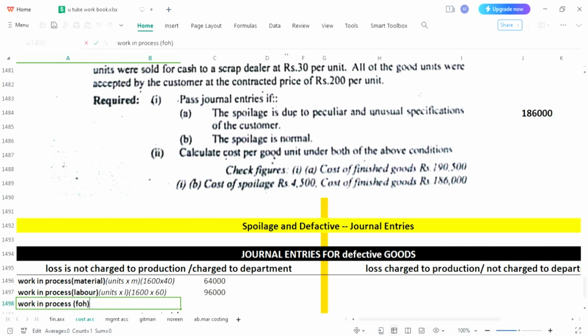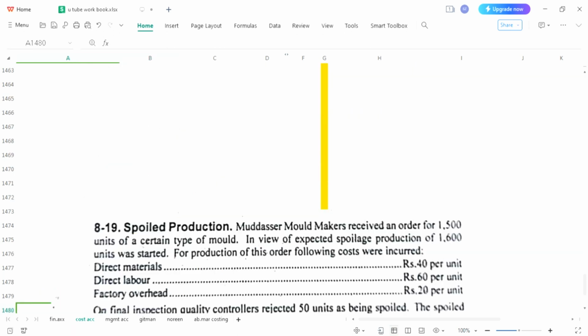Now it's time to calculate work in process FOH. Again, units would be multiplied by per unit. Per unit of FOH we call it small f, and units would be similar for all three entries. 1600 units would be multiplied by per unit FOH. Now luckily the per unit cost has been provided in the question. Look here, 20 per unit.